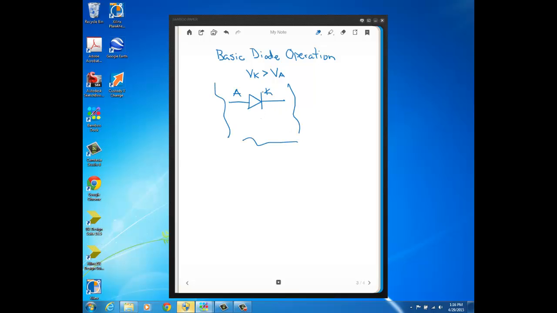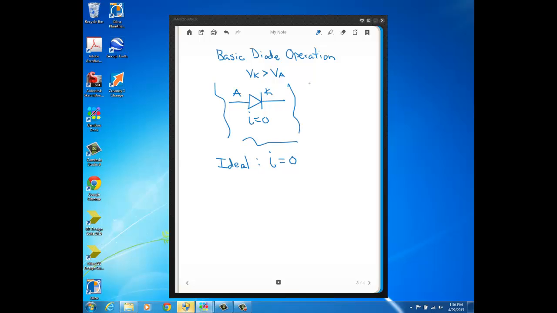Okay, well, when you have this condition, ideally no current passes through the diode. The diode will not allow current ideally to pass through when the cathode voltage is greater than the anode voltage, and there'll be no current.